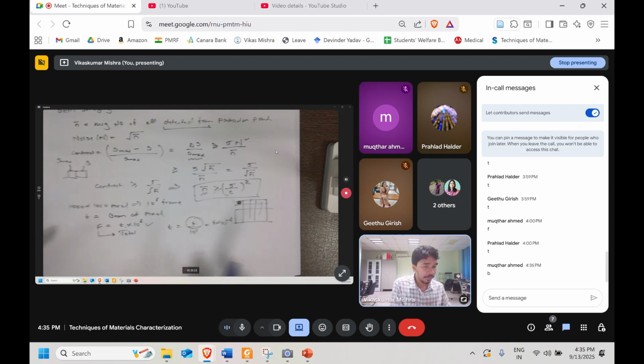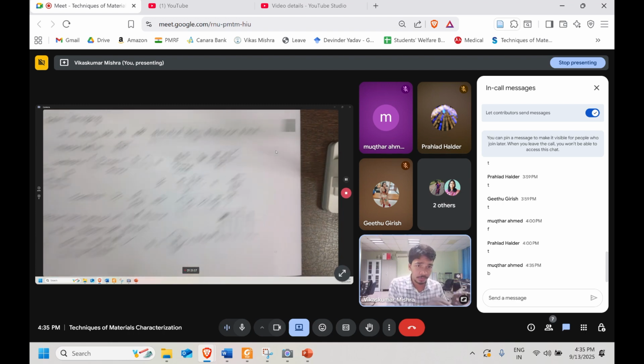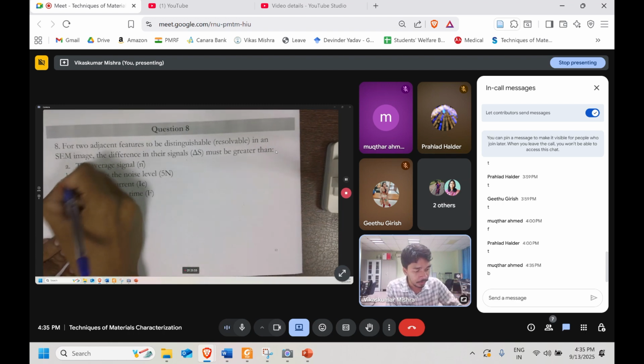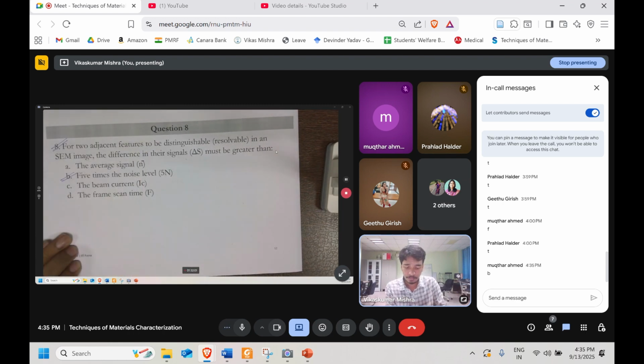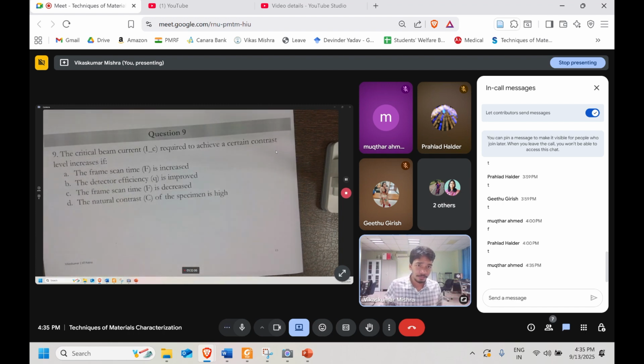Yes, very good. It should be greater than 5 times the noise level, so option B here is the right answer. So we have solved question number 8.